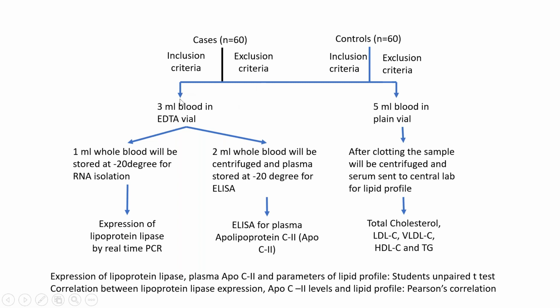Then how much blood I'll take: 3 ml blood in EDTA, which will be whole blood. And for serum, I will take 5 ml blood in a plain vial. Then I will aliquot this into 1 ml and store it at minus 20 degrees for RNA isolation. Then I'll use this RNA to check the expression of lipoprotein lipase by real-time PCR and so on.